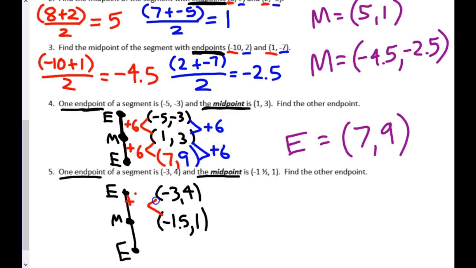That's plus 1.5. Again, how did I get that number? This midpoint number minus the endpoint number, okay? So if I added 1.5 to get to this number, what am I going to do right here? Same thing, plus 1.5. -1.5 plus 1.5 is straight up 0.